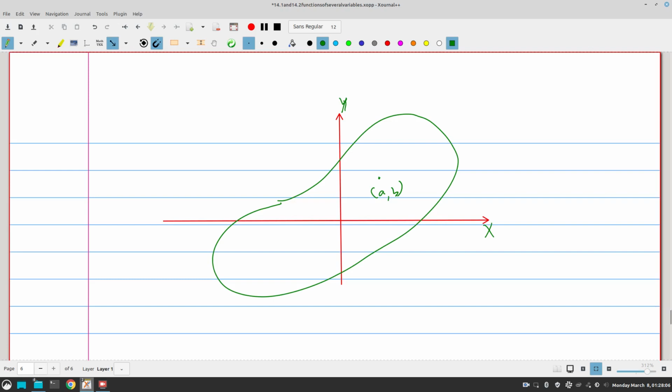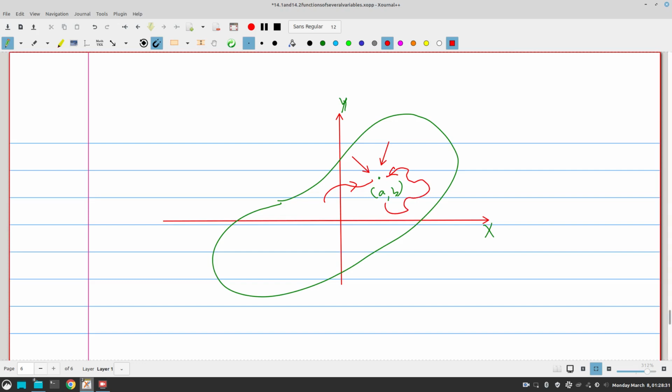So how many ways are there of getting to this point AB? Well, you could choose to come through here. Or you could choose to come through here. It doesn't have to be linear, right? You could choose to follow this curve, right?